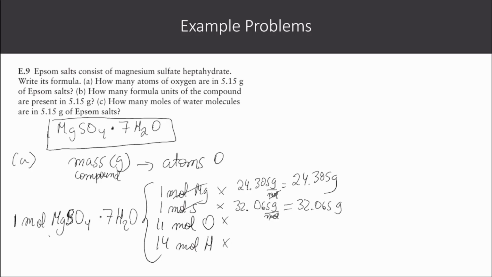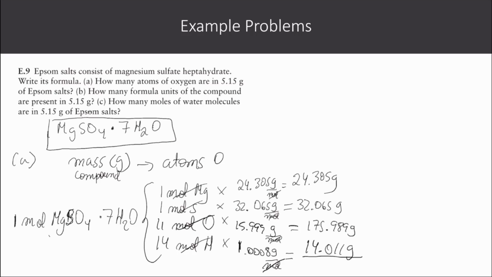For oxygen it is 15.999 grams per mole. Moles cancel and we're left with 175.989 grams. For hydrogen it is 1.0008 grams per mole. Moles cancel and we're left with 14.011 grams.